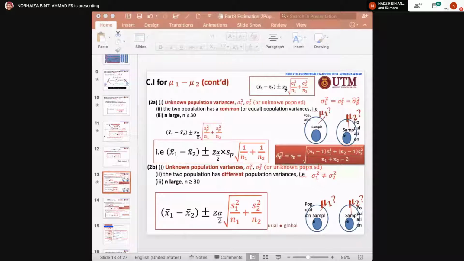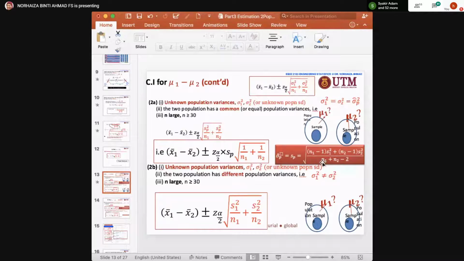So sigma P. If you have equal or common population variance, you can estimate the pooled population variance or the pooled standard deviation. So you need to calculate this. How do you calculate that?